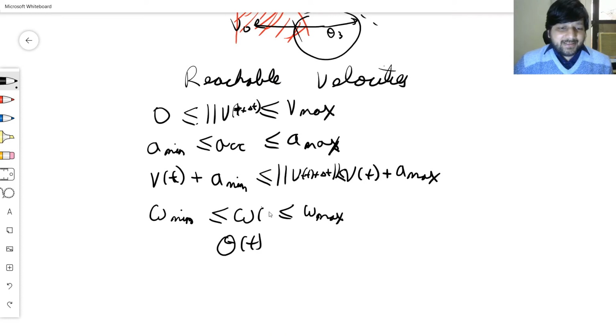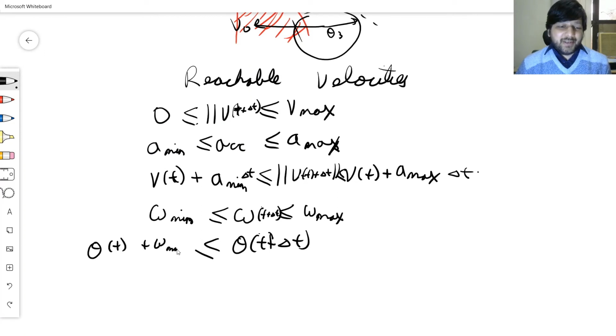Okay, my bad, a min delta t, a max delta t. So my angular speed is also limited to the same region, and so that's another constraint that I have. And because of that, if my current orientation is theta t, my orientation has to be limited to theta t plus omega min delta t and theta t plus omega max delta t.